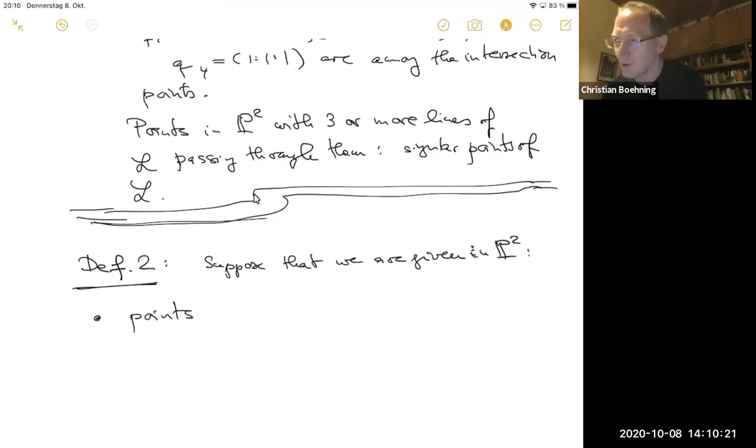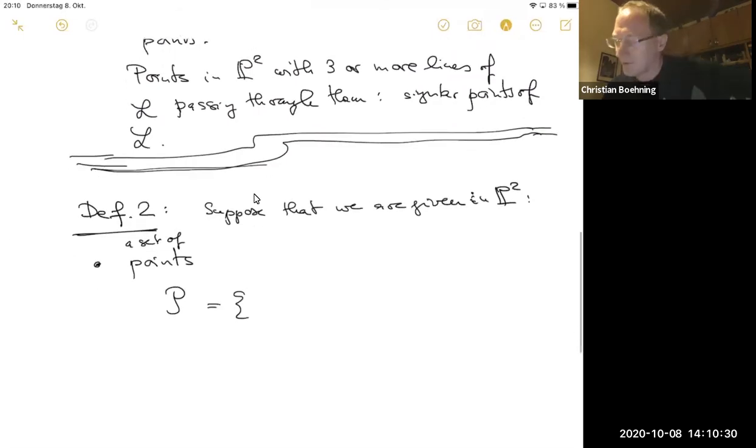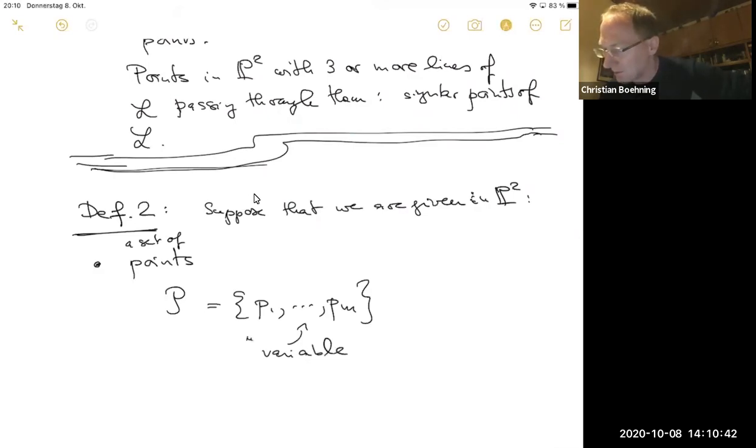So a set of points, P, and I want to think of some of them, P1 up to Pm, as variable. I'll explain in a second what I mean by that. So I think of these as variable, and then of some other finite set of points as fixed. These should be fixed.